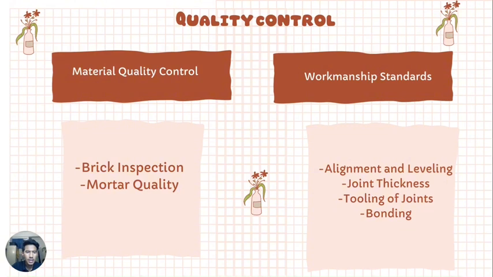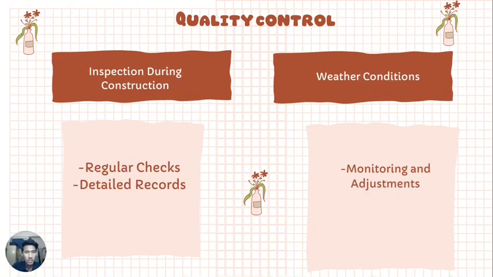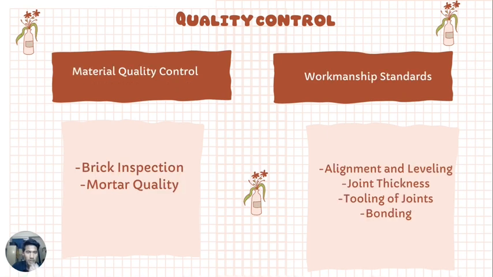Next, quality control. We have four: material quality control, workmanship standard, inspection during construction, and the weather condition. Okay, so let's take a look at material quality control.